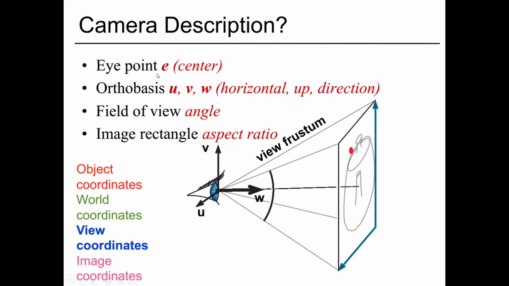One is the eye point or center, denoted as E. The 3 orthobasis vectors, which are U, V, and W. These represent the horizontal, up, and the direction, that is the facing of the camera. Then the field of view, that is the angle of the camera, and the image rectangle, that is the aspect ratio of the camera. These 4 quantities can virtually represent any camera in a virtual scene.